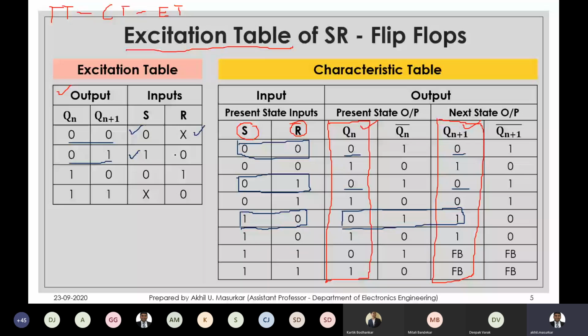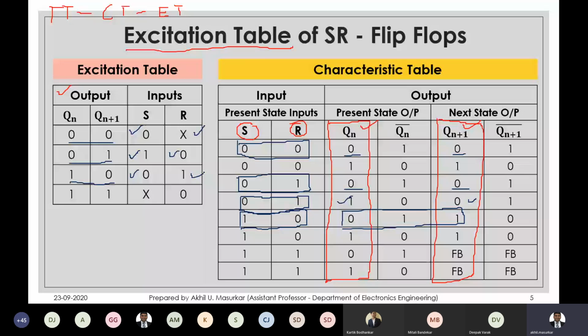So I write here 1 and 0. Next is 1, 0. Where is 1, 0? Yes, you can see it here, and not anywhere else. So 1, 0 means S and R are going to be 0 and 1. So I write here S and R as 0, 1.